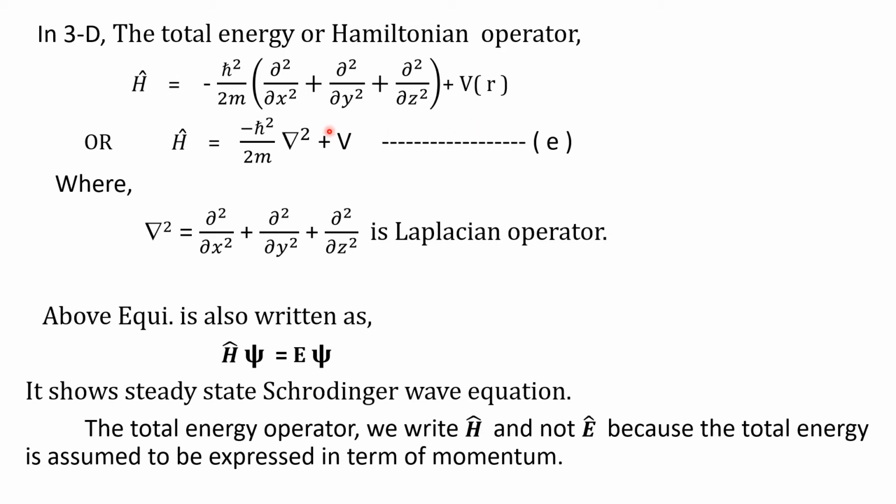That is, H hat equal to minus h cross square by 2m del square plus V, and it represents the total energy or Hamiltonian operator in 3 dimensions.